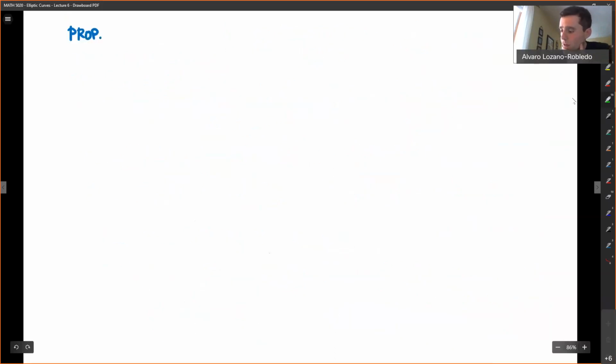Okay. So here's a proposition. Let phi be a non-constant map of smooth curves, and let's take P to be in C1.